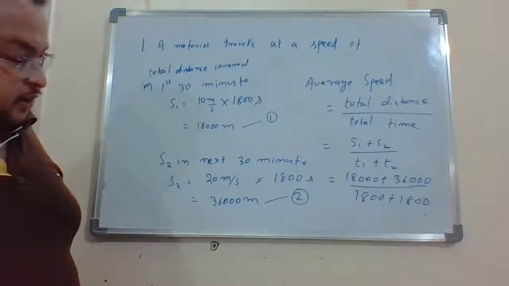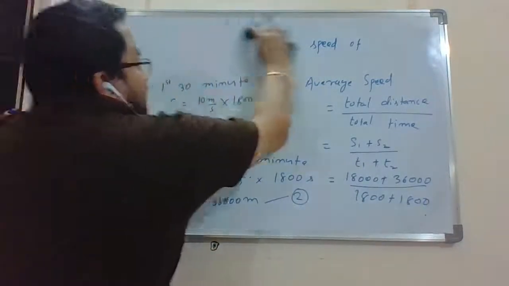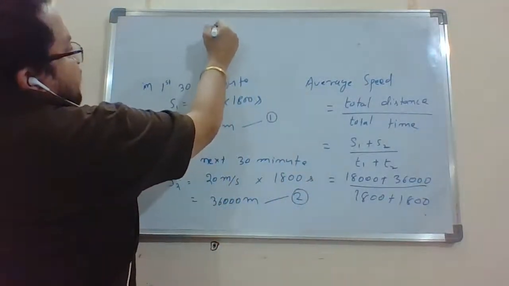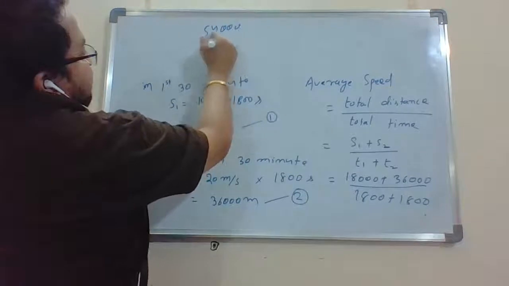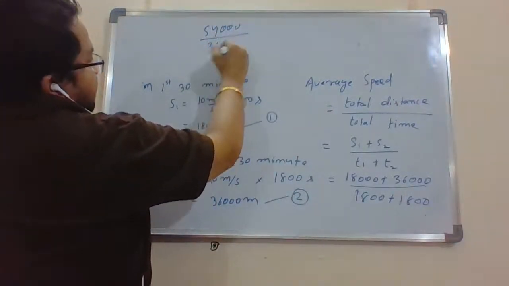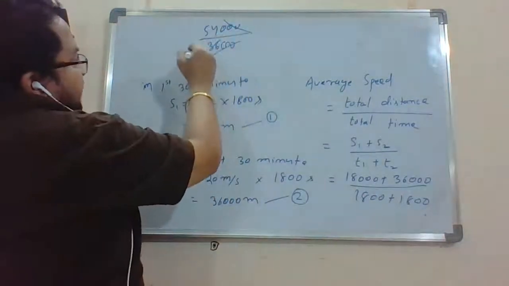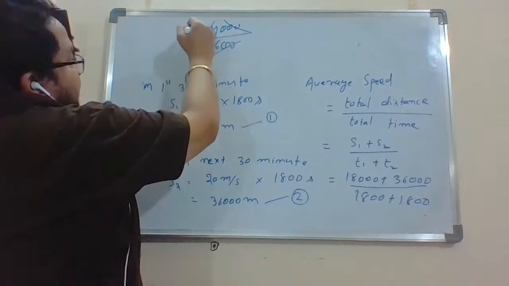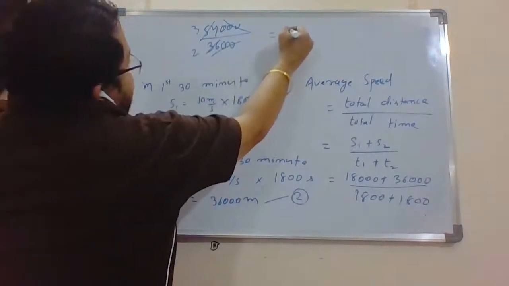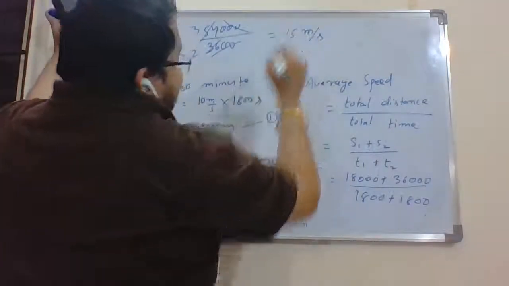So if we solve it, it would be now very simple, this is 54,000 by 3600, two zeros cancel out. This is 18 two zeros, this is 18 three zeros. So we have 30 by 2, that is nothing but 15 meters per second.